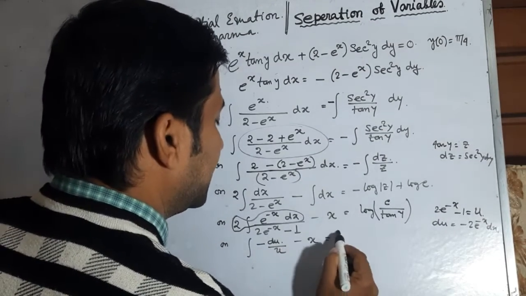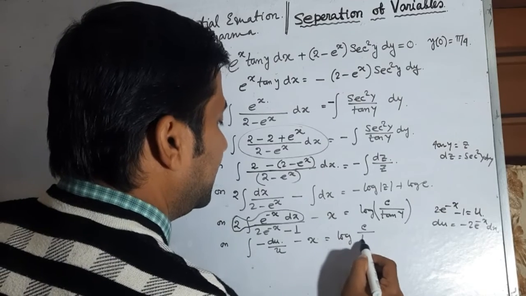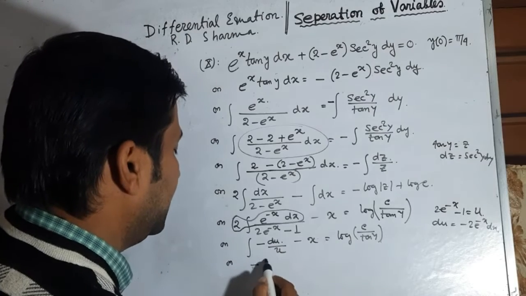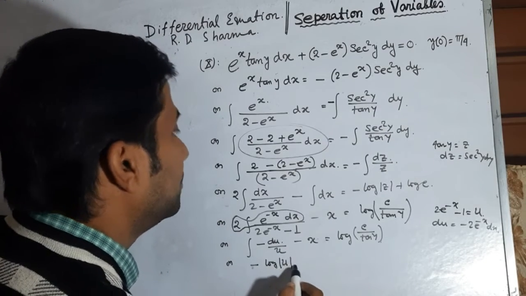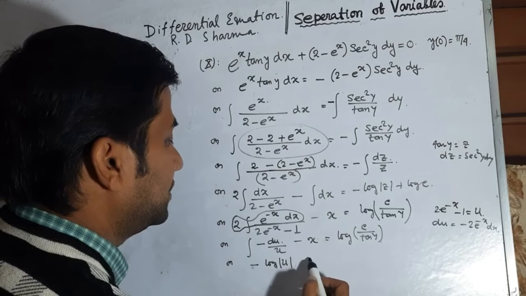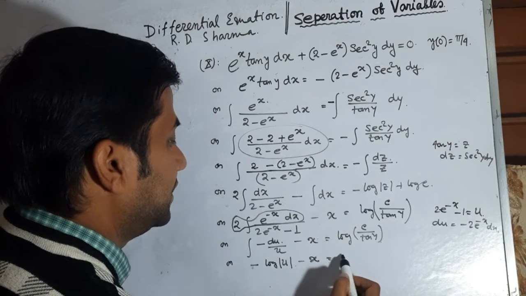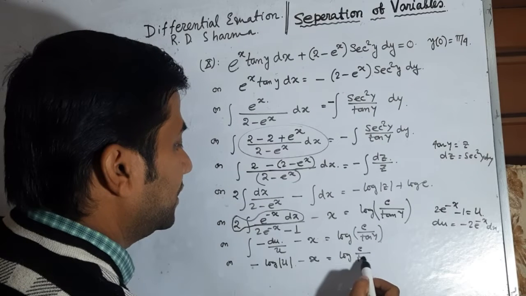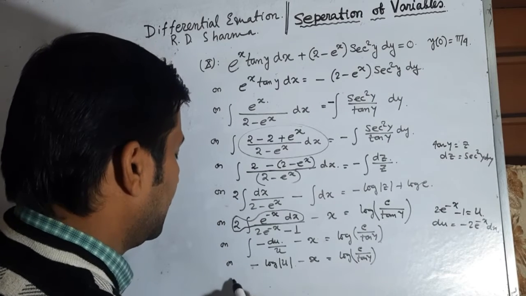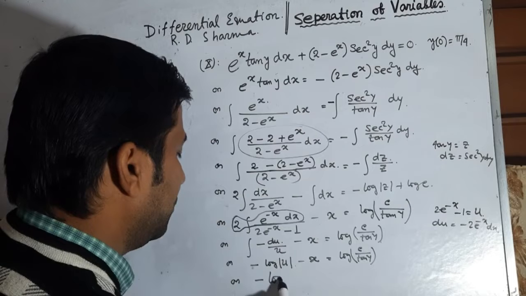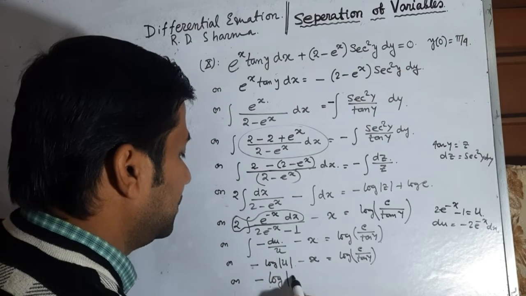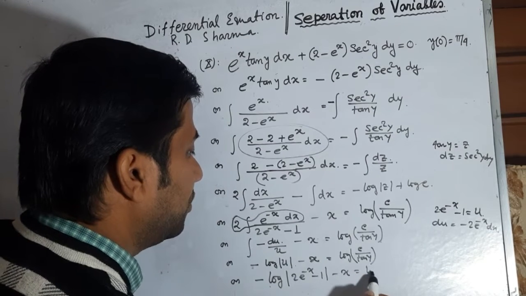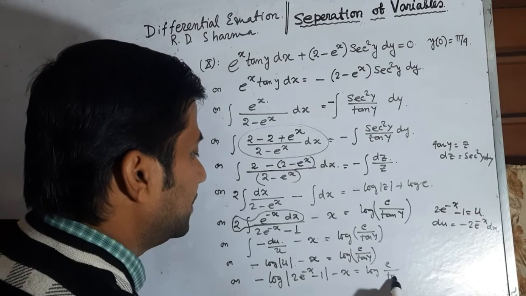Minus x is equal to log c by tan y, or this is minus log u. Log u means this, minus x is equal to log c by tan y, or minus log u means 2 e to the power minus x minus 1, minus x is equal to log c by tan y.